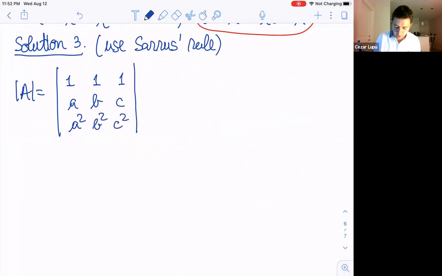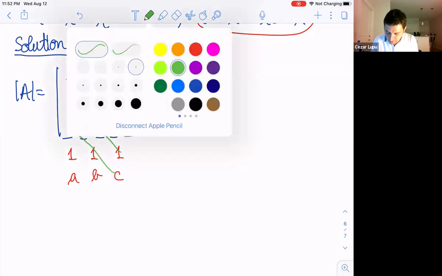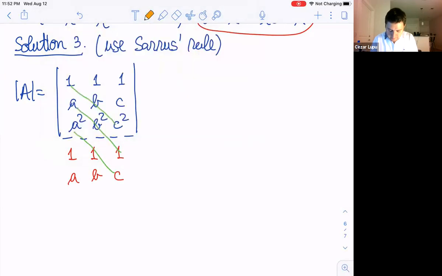I'm just going to copy the first two rows. And now I'm going to multiply these elements plus this element, the multiplication of this, plus the multiplication of this, minus, let me write with a different color, the multiplication of this, minus multiplication of this, minus this. And we'll get the following.